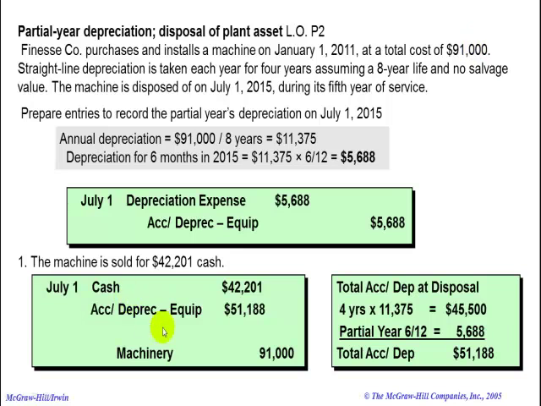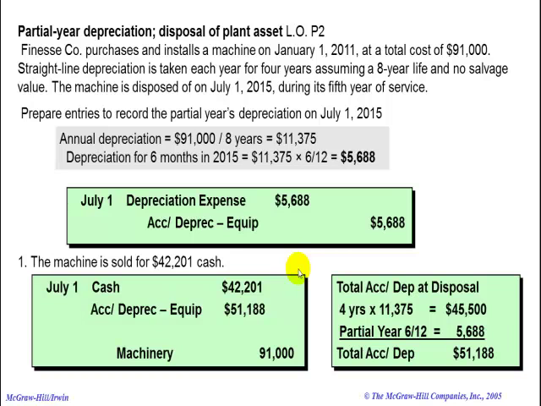Now, the difference between the cost and the accumulated depreciation, compared to what we received, is either going to be a gain or a loss. Let me just do this real quick on a calculator. We have a machine that costs $91,000 minus $51,188.